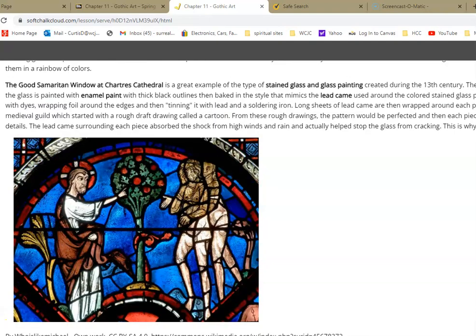Another part of content that we could cover was the fact that this was made collectively by a group of artisans in a medieval guild. One of the ways that you could learn stained glass is to study under one of these master craftspeople, and they would teach you their skills, and you would work for them doing the dirty work, and then after you learned, you could become a master craftsperson too.